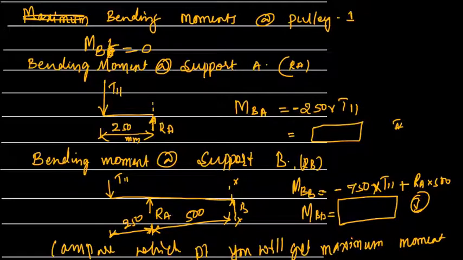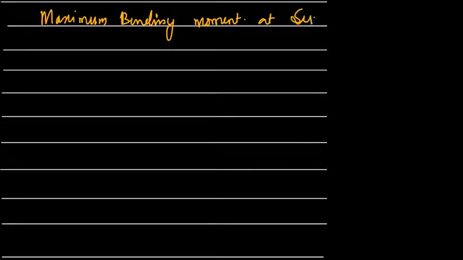Let us go for it: you got the maximum bending moment at support A. Okay, this is MBA.